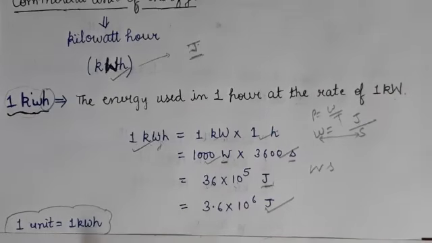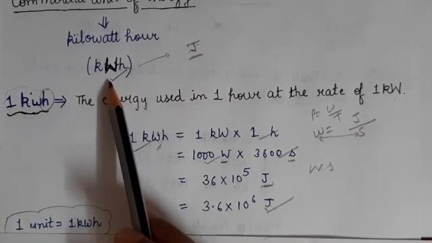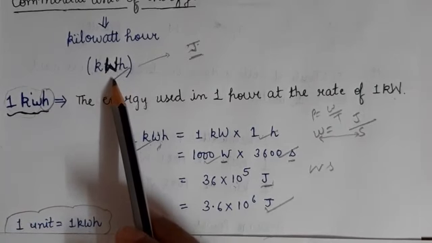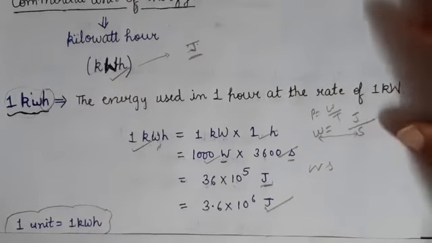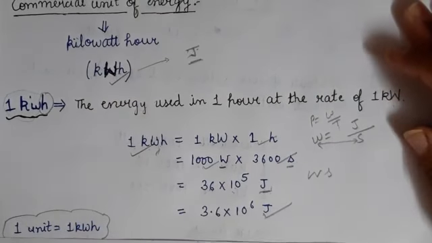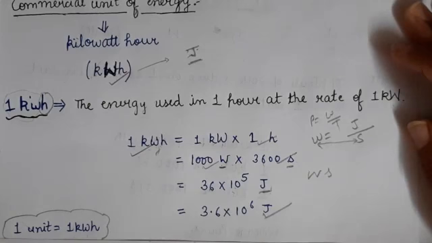The energy which is used in households and industries is usually expressed in this kilowatt hour, the bigger unit of energy. For example, the electrical energy used during a month is expressed in terms of units. You might have seen at your homes when the bill of your electrical energy comes, it comes in units.